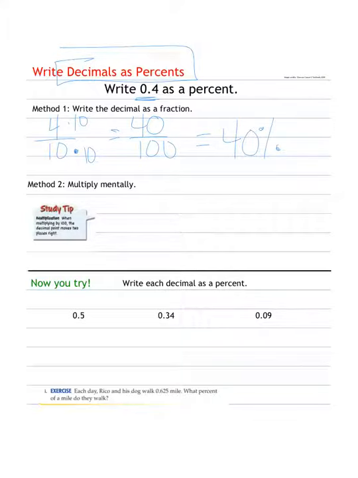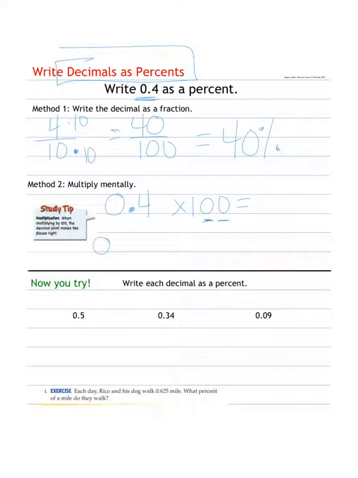I also know that if I multiply by 10, I add a 0. If I multiply by 100, I add 2 zeros. So really what I'm doing is 0.4 times 100, but instead of adding a 0, this is just telling me that I have to move my decimal 2 spots.